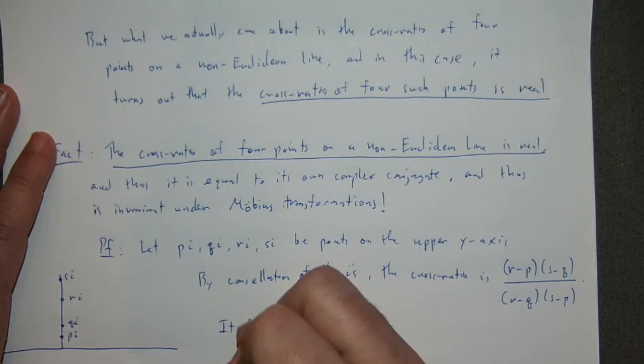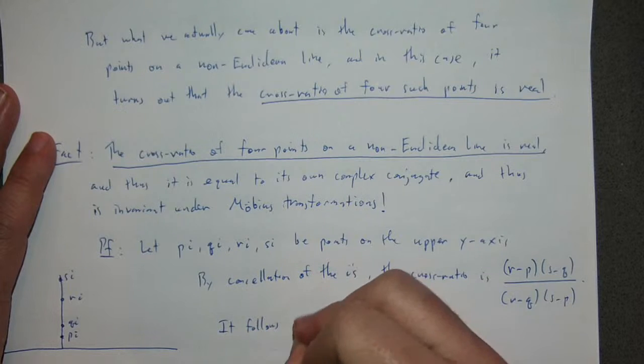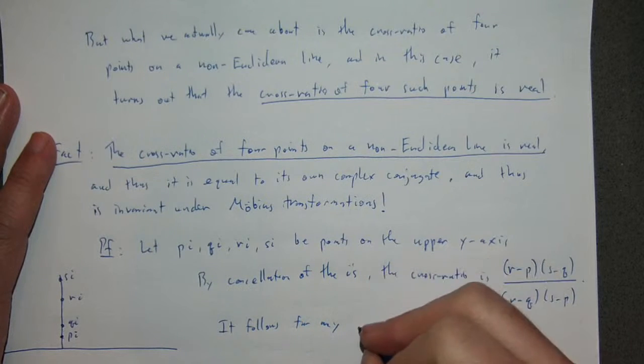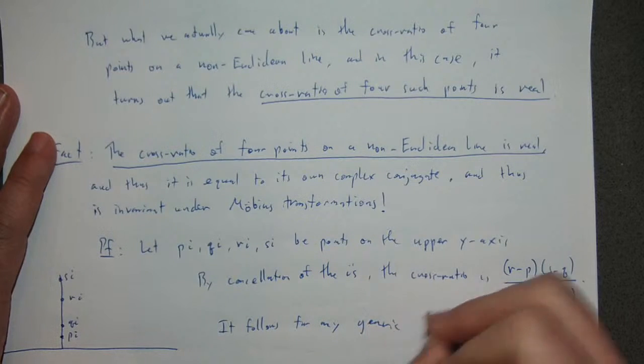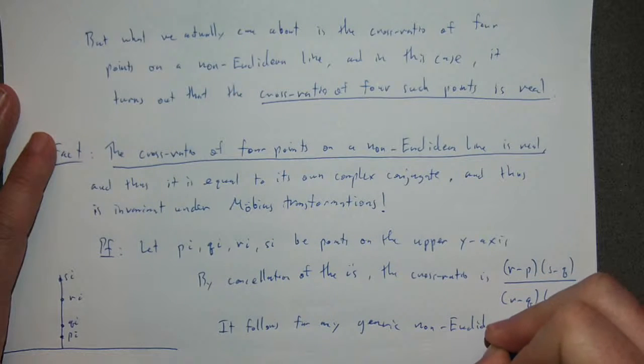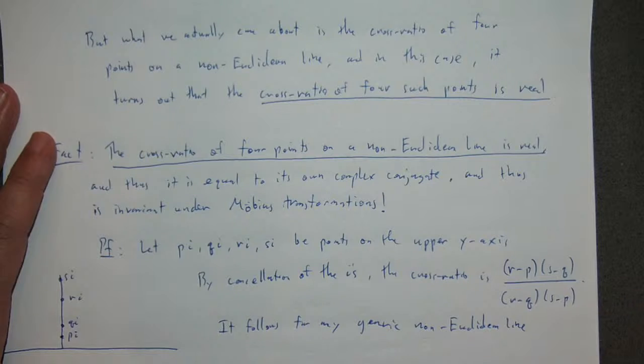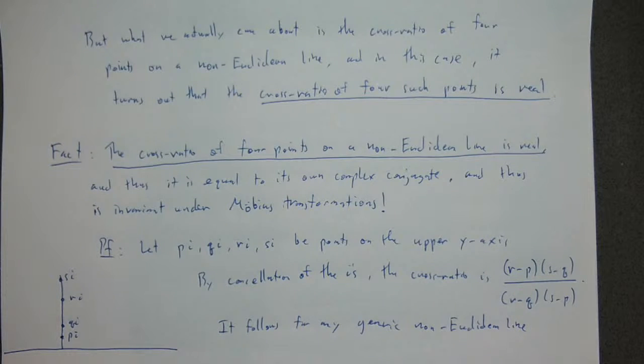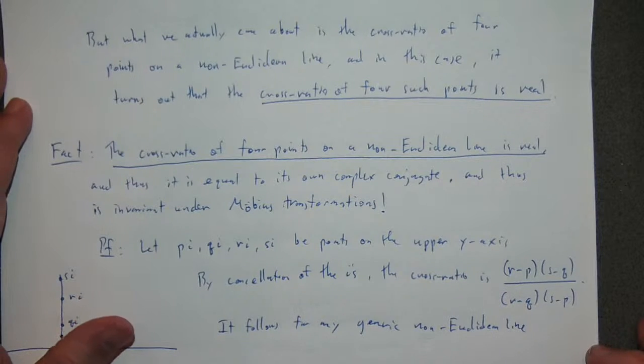It follows for any generic non-Euclidean line, right? So we just show this for the upper y-axis, but it actually follows for any generic non-Euclidean line by mapping the upper y-axis to that line.